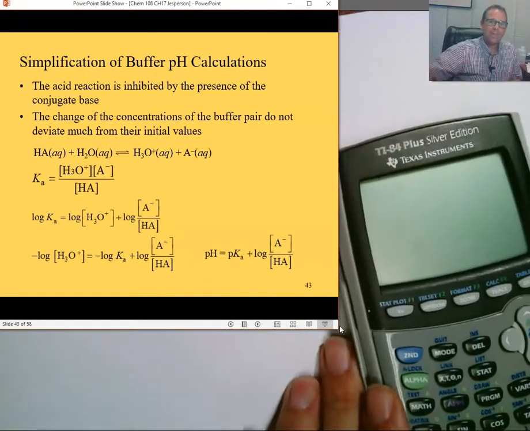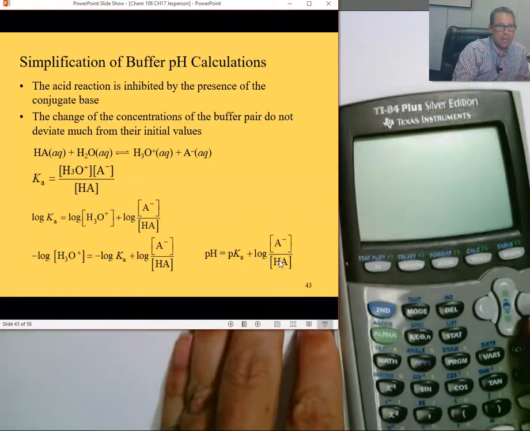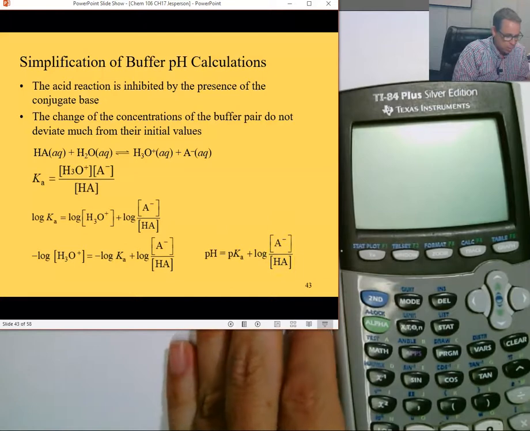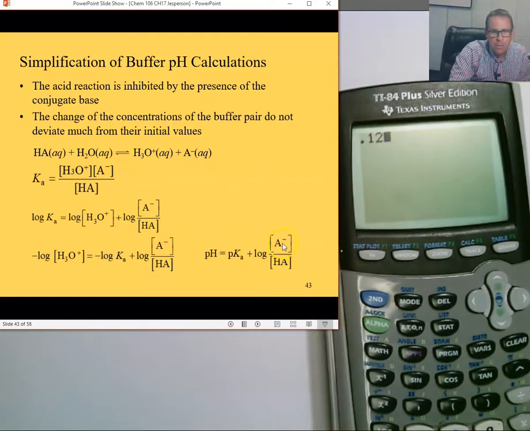If I take a solution that has the equivalent amount of A minus and HA, so let's say that I have, under some circumstances, 0.12 molar A minus and 0.12 molar HA, equivalent amount, that ratio equals 1. And if I take the log of that 1, that's 0. So the pH will equal the pKa when the concentration of my acid and the concentration of its conjugate base are equal to each other.